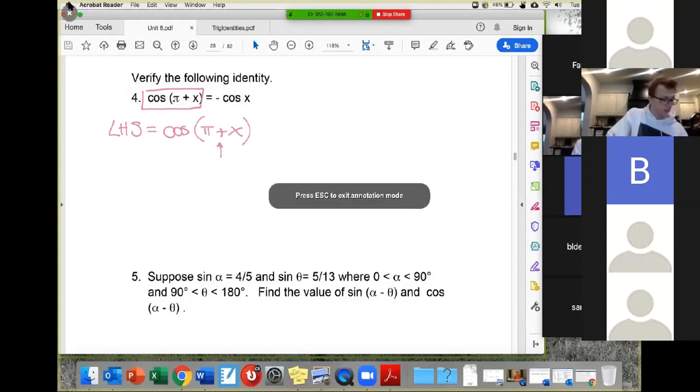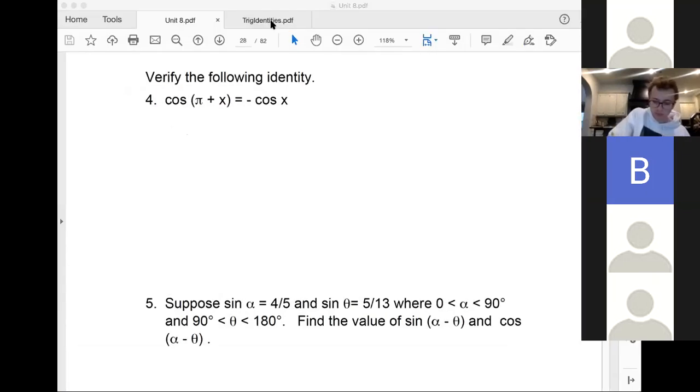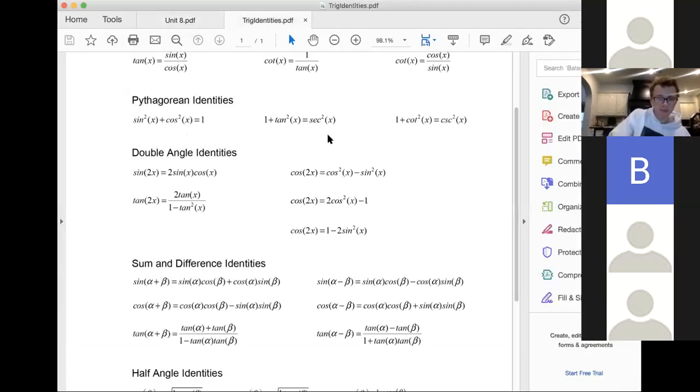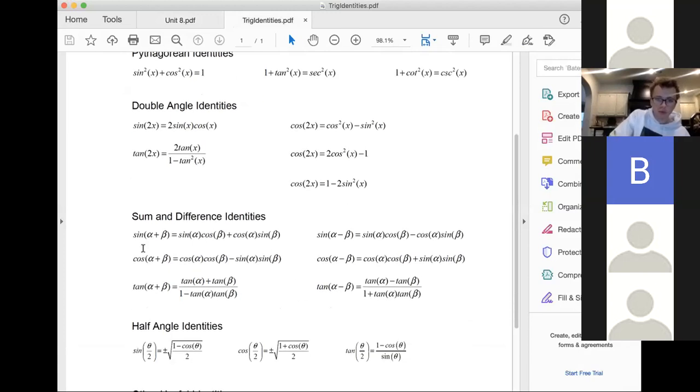So I'm going to erase this real quick. Go over to your trig identities formula page here, and we're going to look for the one that looks like this. So notice you have a sine with a plus, you have a cosine with a plus, a tangent with a plus. You have sine with a minus, cosine with a minus, tangent with a minus. So what this tells us is the formulas take care of the minus signs in here.